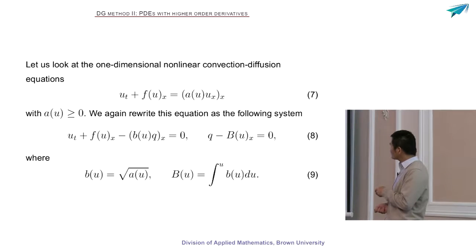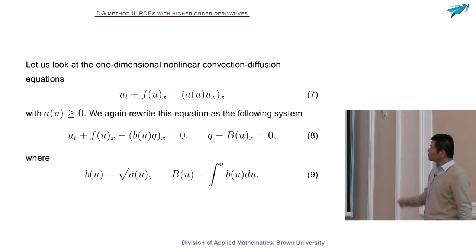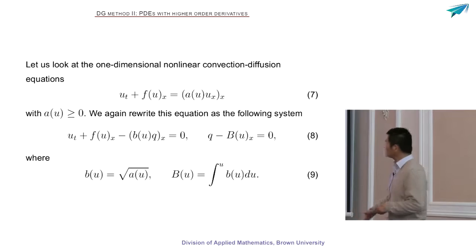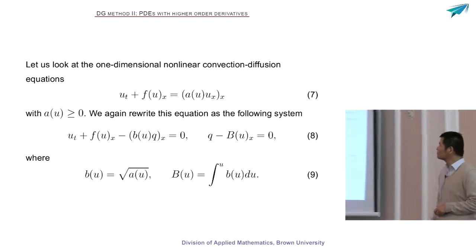So a(u) is positive. So you introduce a new variable. Remember, the new variable is related to u_x. So what new variable should you use? Well, it turns out that this is the best way of introducing the new variable. Remember, this a(u) is bigger than or equal to 0. Because it is positive, I can take the square root. I take the square root, I call it b(u), which is again a new function. And then I call capital B(u) the primitive function of small b(u).